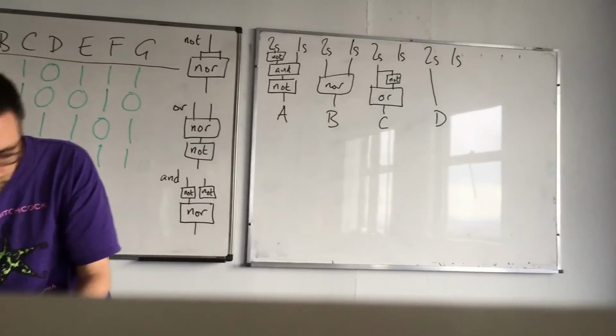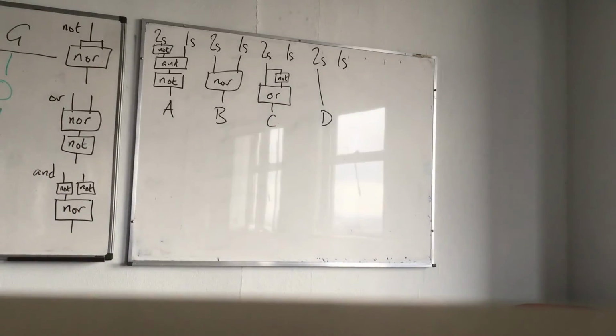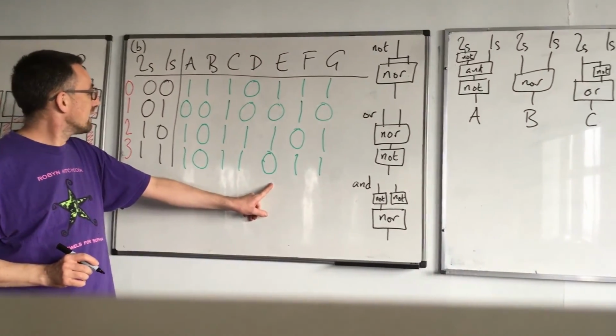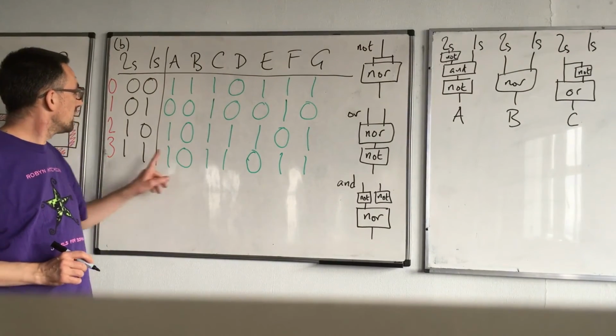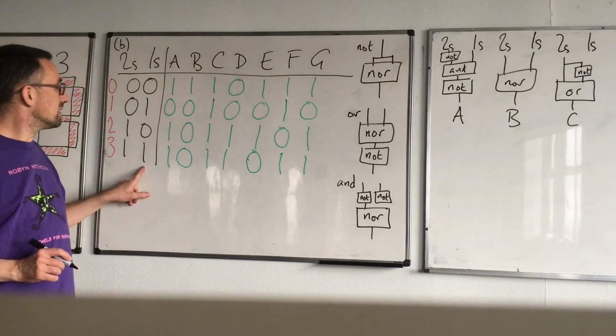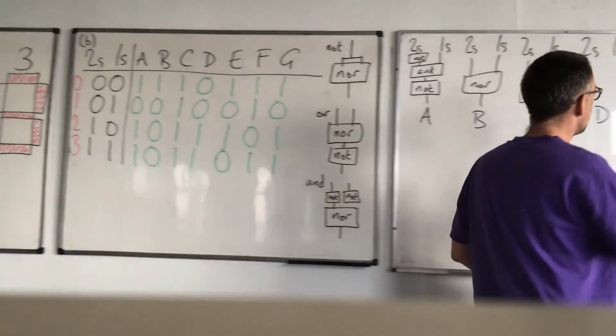Moving on to E, here we can see that E is always exactly the logical negation of 1s. So we can build the circuit for E with NOT.